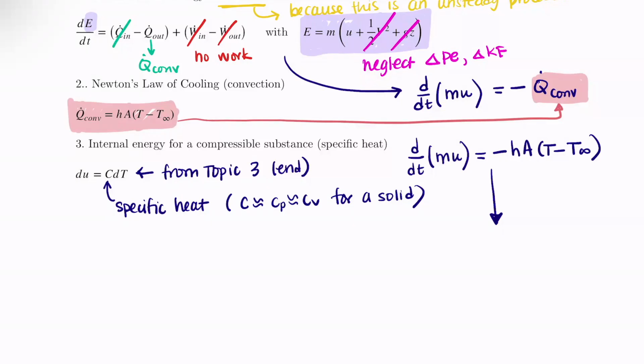Conservation of mass. So that means that I can pull out the mass from this expression. And then my equation becomes mass times the time rate of change of internal energy is equal to minus h times A times the temperature difference.